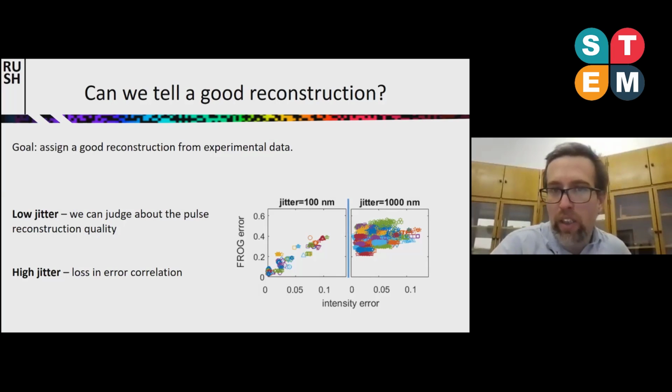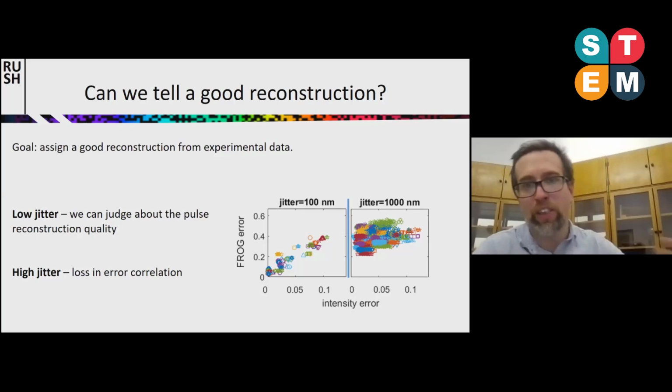Okay, so we took two cases in our simulations, and we first tried a case where the delay line is following the set position very precisely. So we assume that the difference is with a standard deviation of 100 nanometers. Good.